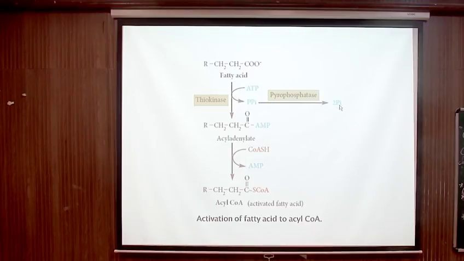Otherwise, normally what you see is ATP broken down into ADP and Pi. But here, although only 1 ATP is used, when you calculate the energetics, we have to consider this as 2 ATP because 2 high energy phosphate bonds are used up.